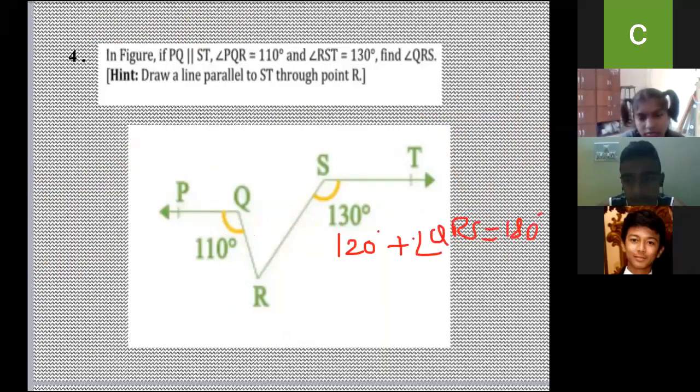Therefore, angle QRS is 180 minus 120, which is 60 degrees.